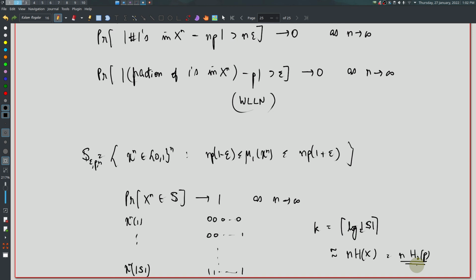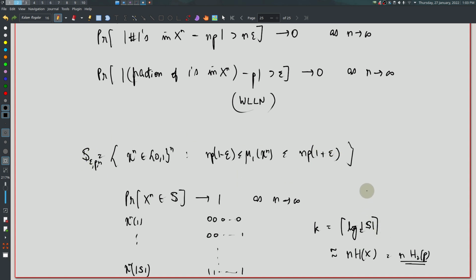And again, you have seen most of this going from here to here in your assignment itself, because all that remains is to count the number of sequences in this particular set. You know that the number of ones is roughly close to np, so you can compute it exactly, and then you can obtain a bound on the number of sequences in this particular set.